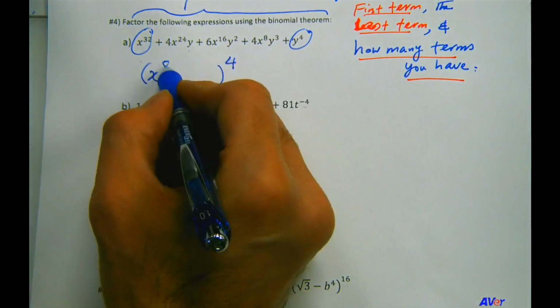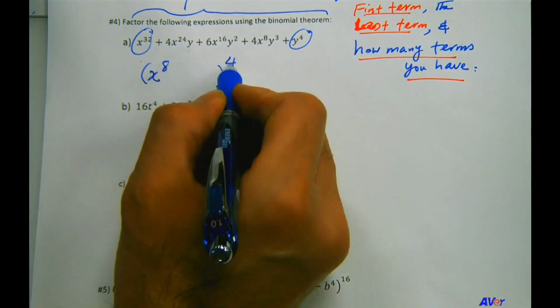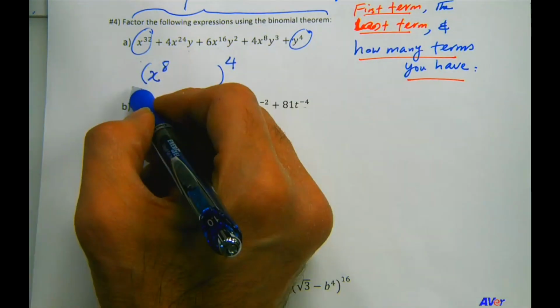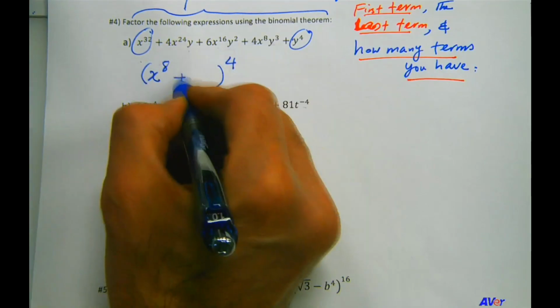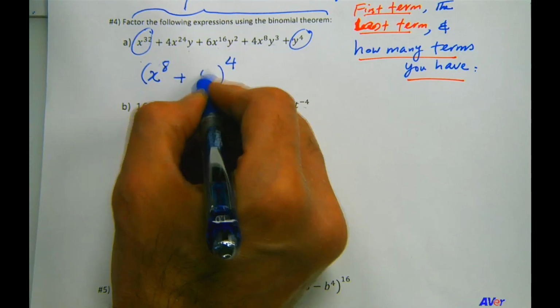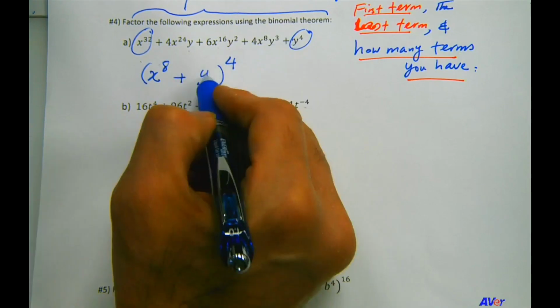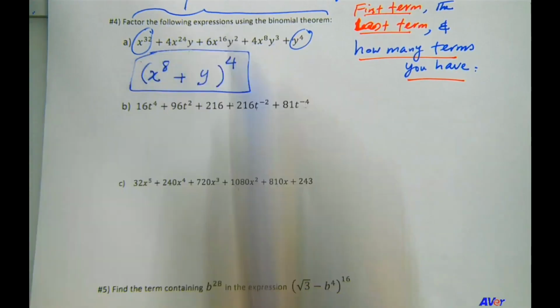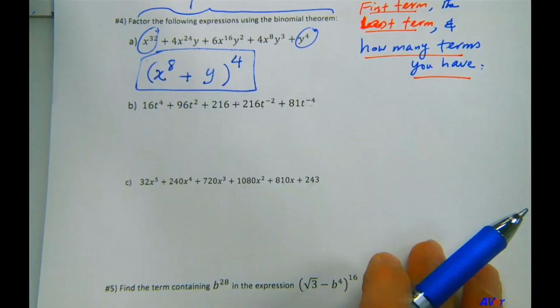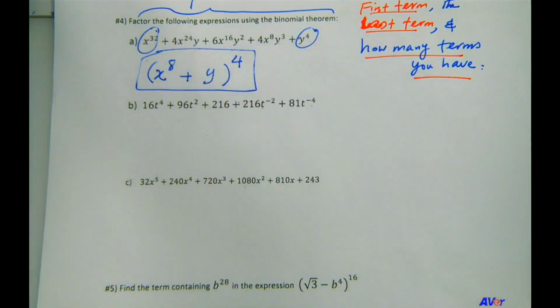Okay, x to the 8 power raised to 4th power, we get x to the 32. Okay, then all of these are positive, so plus, we should have y here. The last term is just y to the 4th, so that's it. So we're done. That's the factorization of that whole expression.